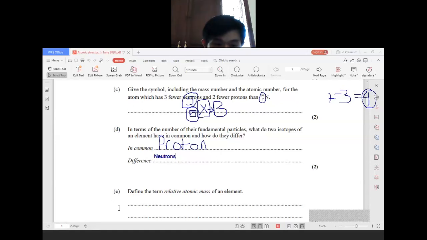It is the mean mass of an atom compared to 1 by 12 of carbon 12.